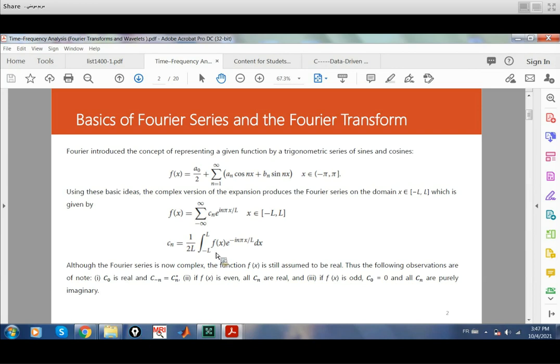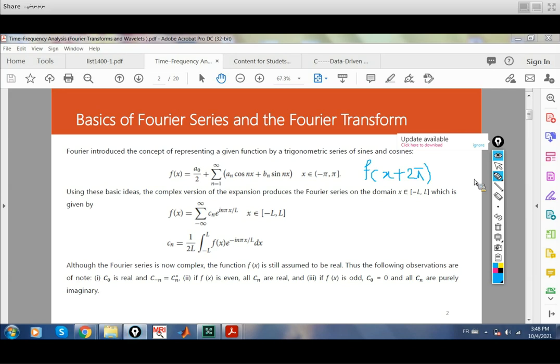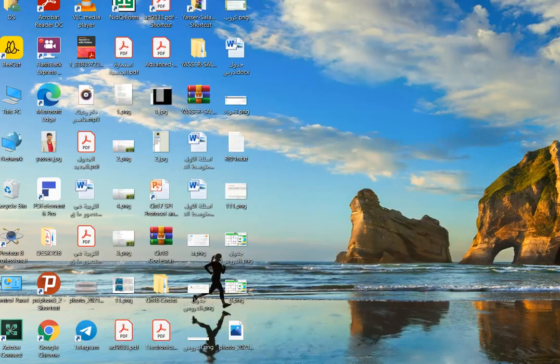If we have a 2 pi periodic function, I mean if f(x + 2 pi) is equal to f(x), we said that f(x) is periodic with the period of 2 pi.